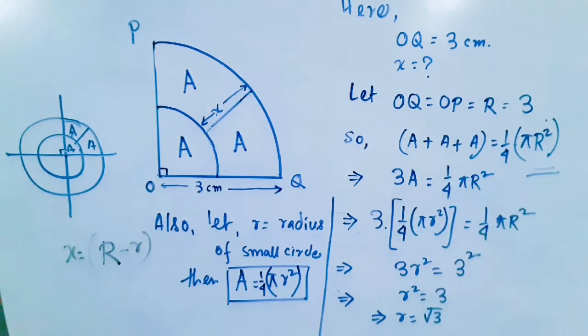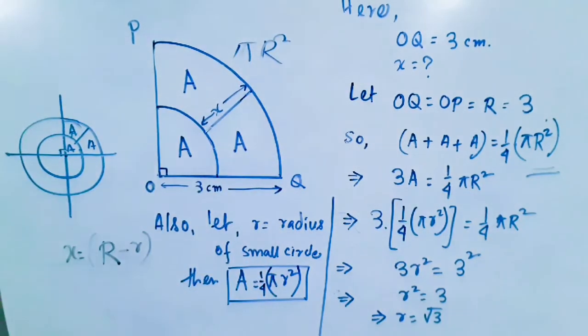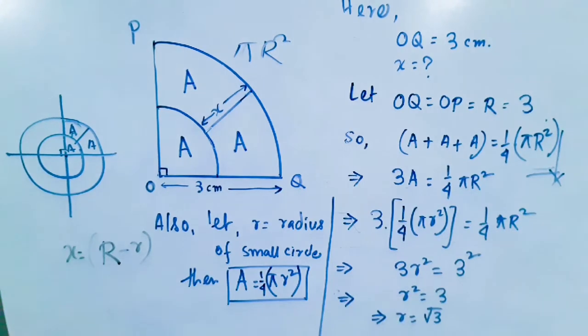We know the area of the circle is pi r square. So what is the value of pi? Pi means 22/7. So from this point 3a equals 1/4 of pi R square. Now come to the smaller circle.